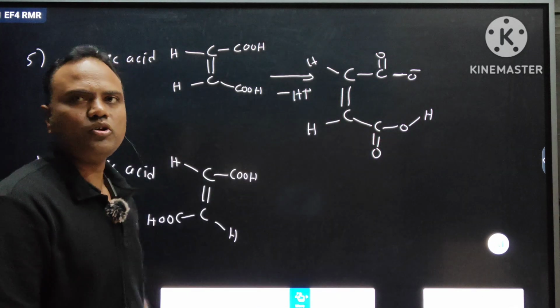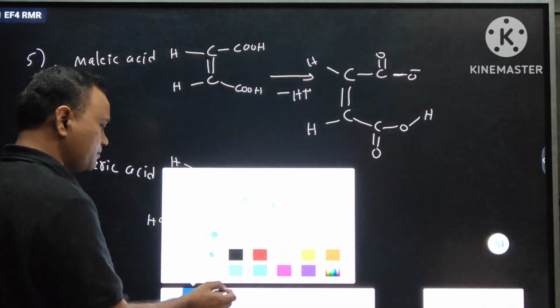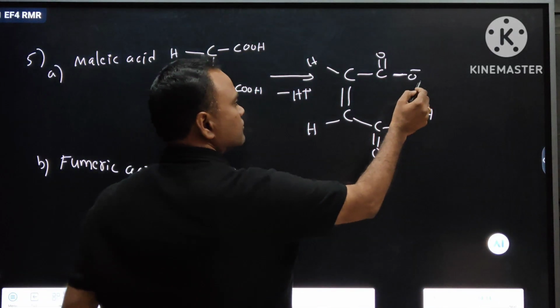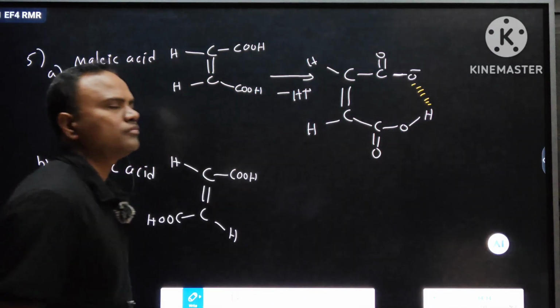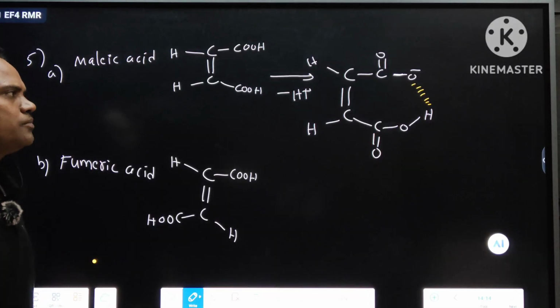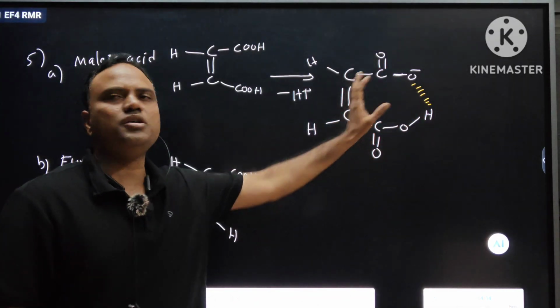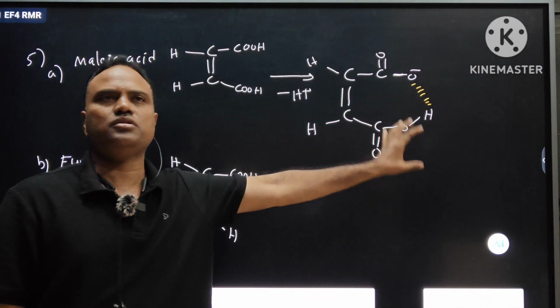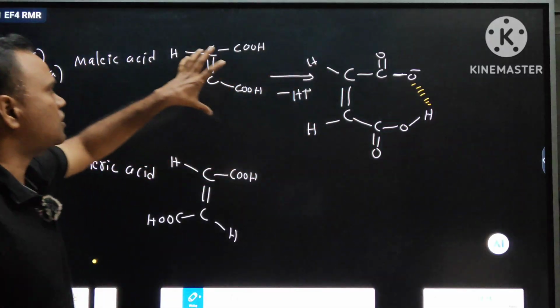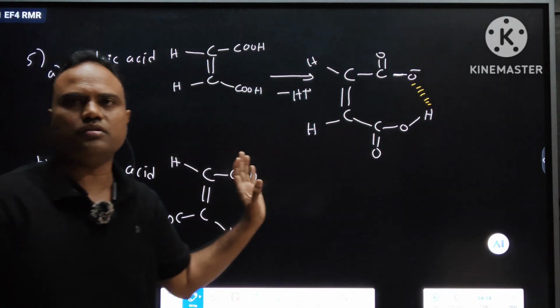Between these two, hydrogen bonding is present. Intramolecular hydrogen bonding. The conjugate base is stabilized by intramolecular hydrogen bonding. This conjugate base is stable, so the corresponding compound will be more acidic.